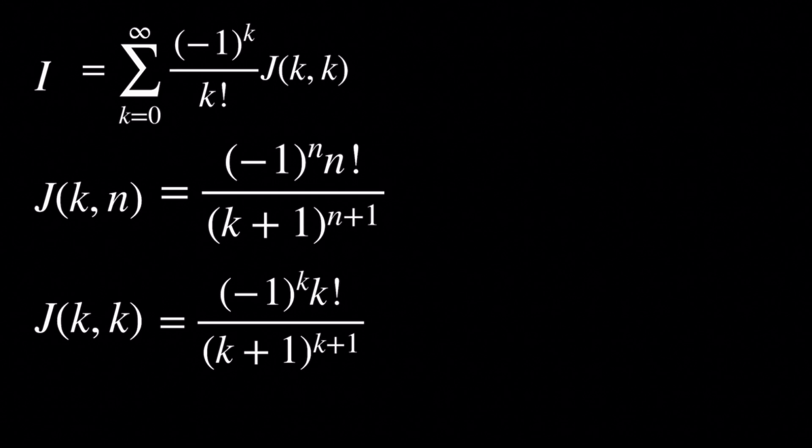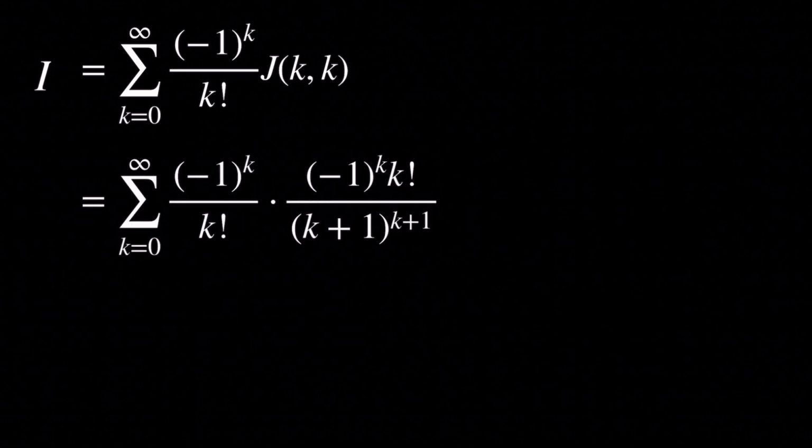Now we're just going to substitute it in the sum. So we're going to get that I is equal to the sum, as k goes from 0 to infinity, of negative 1 to the k divided by factorial k times negative 1 to the k times factorial k divided by k plus 1 to the k plus 1.